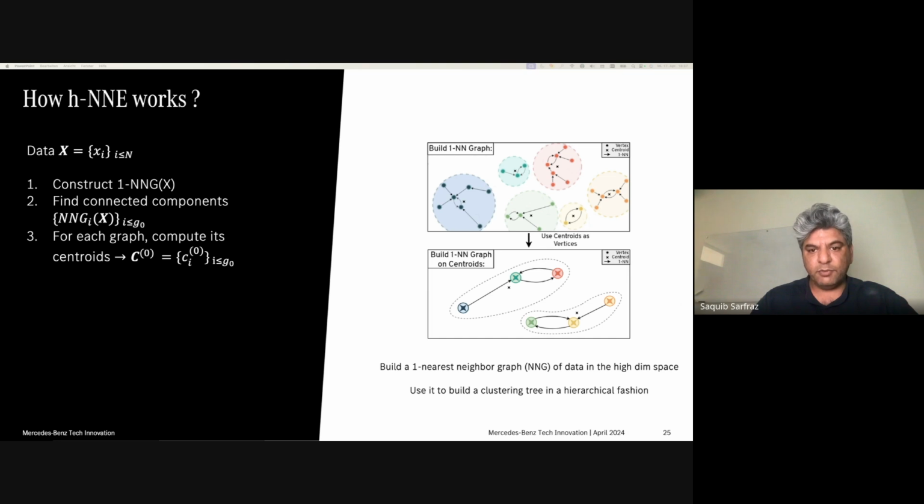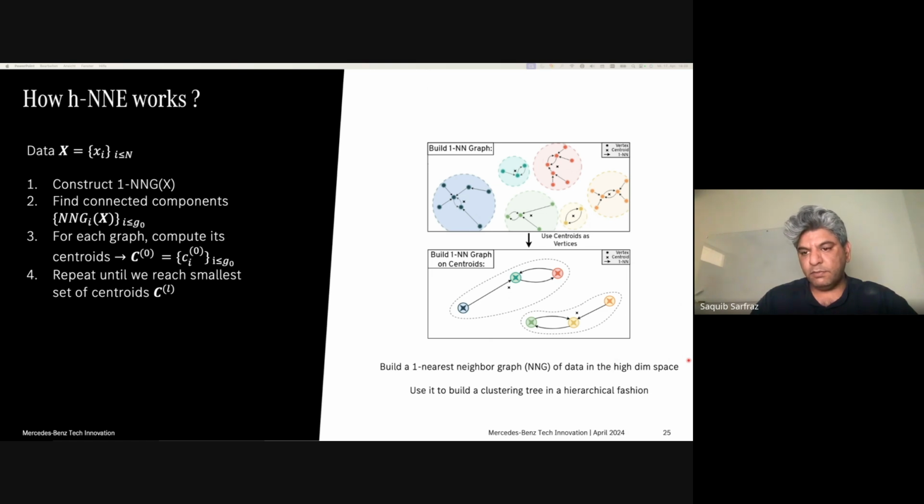The third step is, for each of these directed graphs, we compute the centroid and then form a new set of points, like here. Then we repeat the same process of computing the nearest neighbor graph on these centroids and its connected components to derive the next level of hierarchy.